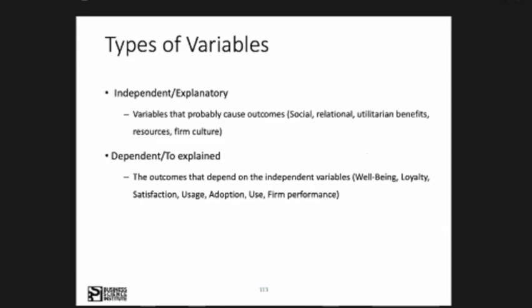You have to distinguish between different types of variables. The independent or explanatory variables are the variables that probably cause outcomes. For example, social, relational, utilitarian benefits, or resources, or firm culture. So the variables that explain a phenomenon, for example, also privacy concerns in the technology acceptance model.